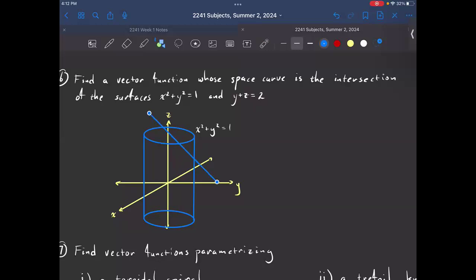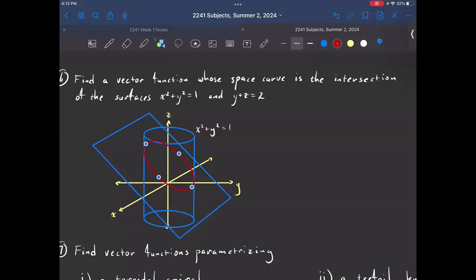Okay, so that should be our intersection of this plane with the yz plane. And we extend it along the x-axis, and our plane should look something like this. And it's going to slice our cylinder in a specific way, in an ellipse.